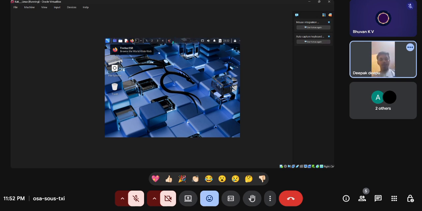Here we have already installed Kali Linux on our system. Now we are going to analyze the usage of Kali Linux by running YouTube on the Firefox browser.